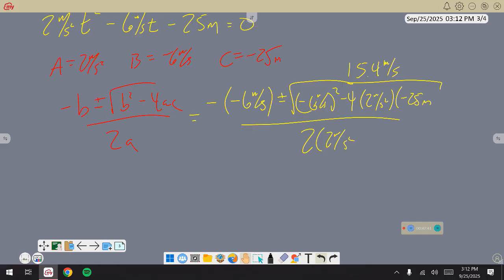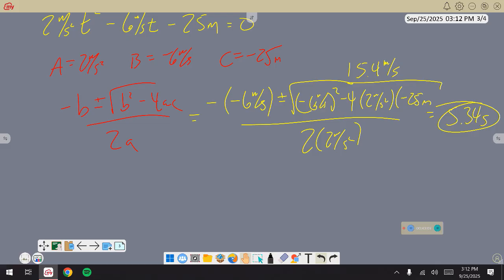If you recognize that, you might notice that 6 minus 15.4 is going to get you a negative over a positive, which will get you a negative, so skip it, don't do it. But 6 plus 15.4 is 21.4, divided by 4, which ends up with 5.34 seconds. And that's how long Chris has.